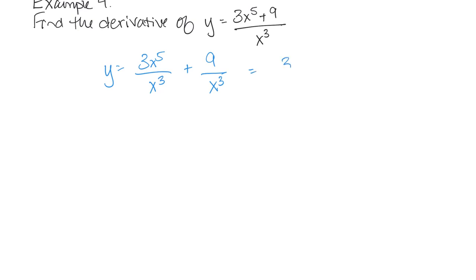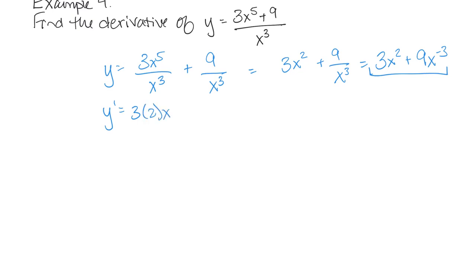We would get 3x squared plus 9 over x cubed, which, as we've learned before, we can write as 9x to the negative 3. So this is another way of writing y. And when we write it in that form, we can take the derivative like we have been doing this lesson. So multiply the exponent out front, decrease the exponent by 1.